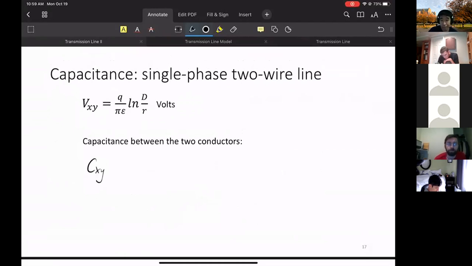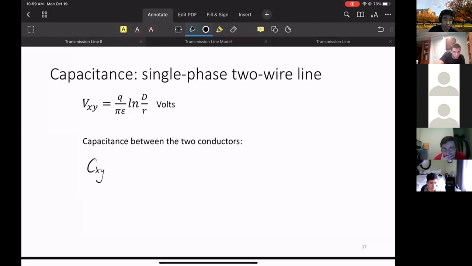From basic circuit theory, if my voltage is induced by charge Q, what is my capacitance? Basically, how do I get rid of this Q?